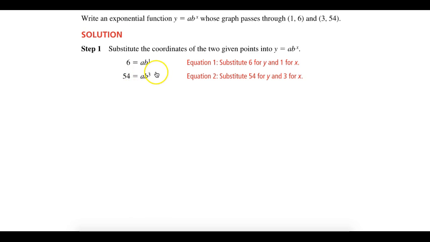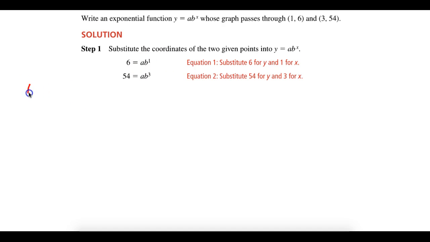Okay, so now what we've done is we've created 2 equations because we have 2 unknowns. We're solving for a and b, so we need two equations to find that. So now we're just going to do a little bit of substitution here. Now remember, b to the first power is just b.